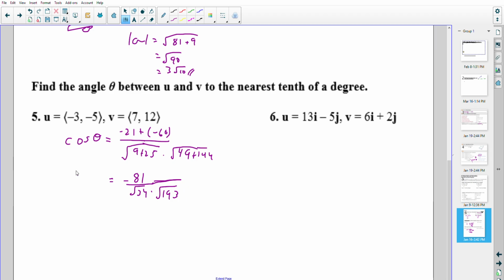Now, once you have this written, the question is, what is your theta? You know it's going to be an obtuse angle because it's negative. It's equal to the cosine inverse of this particular number. And you would just do that on your calculator, and that's what the question is asking for. What is your theta?